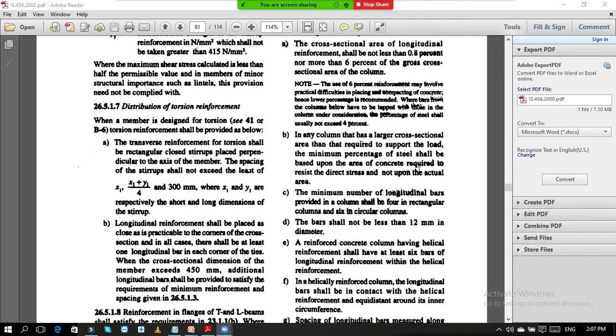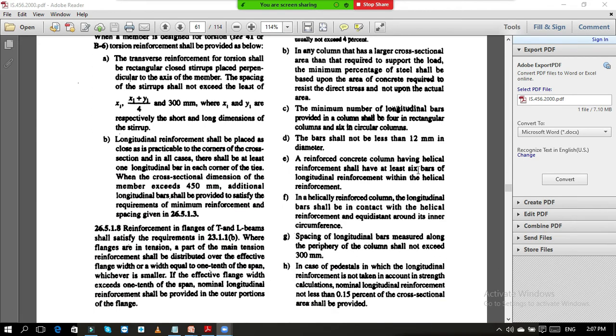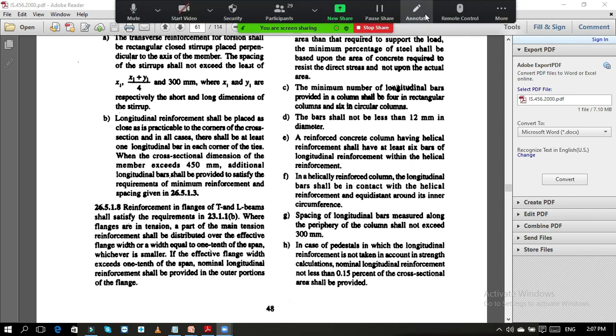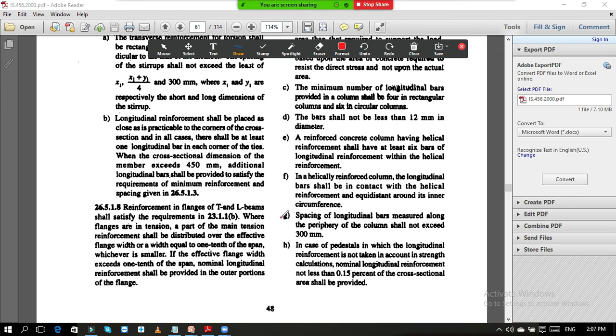Again if we move further, for spacing they have given something. Here, in clause G, you should read all these clauses, but I am telling you right now those which are very important. This is the helical reinforcement clause, which we will see later while designing the helical reinforcement.